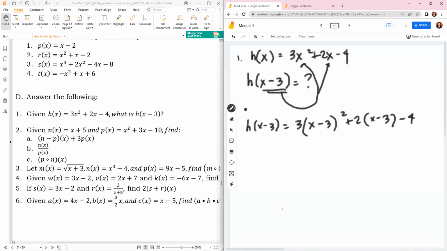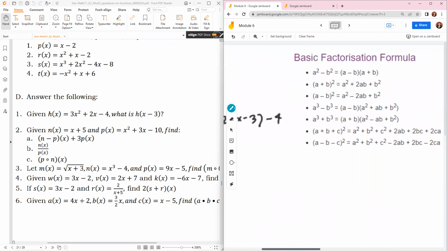Okay, so ato na siyang substitute. And remember, recall nato ang law of polynomial expansion. Kani siyang first nga item, x minus 3, it resembles ang basic factorization.